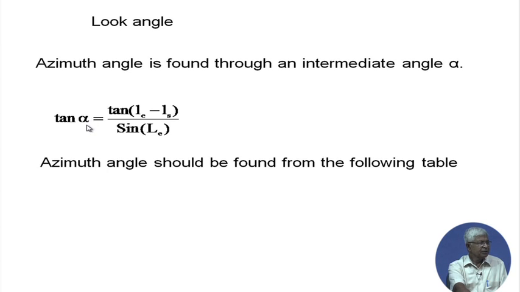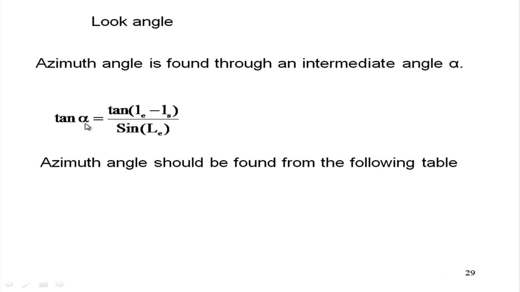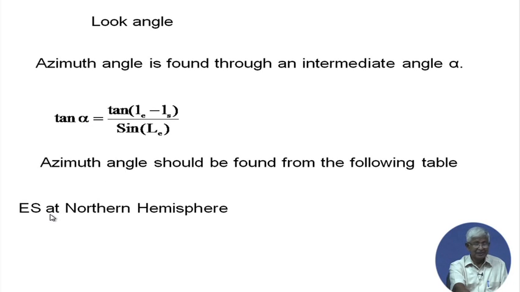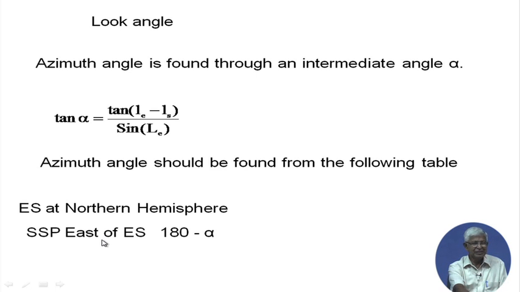Now, with this intermediate angle alpha, the azimuth has to be found with respect to where the earth station is. If the earth station is in the northern hemisphere, that is above the equator, and the sub-satellite point is east of the earth station, it is 180 minus alpha.